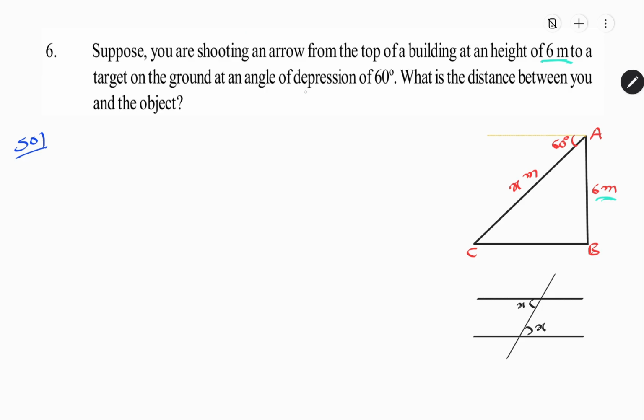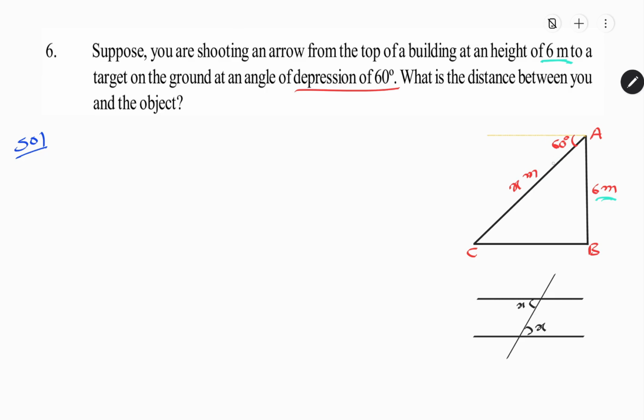The angle of depression is below the line of sight, below the horizontal; the angle between them is called the angle of depression. Here the angle of depression is always below the horizontal line.